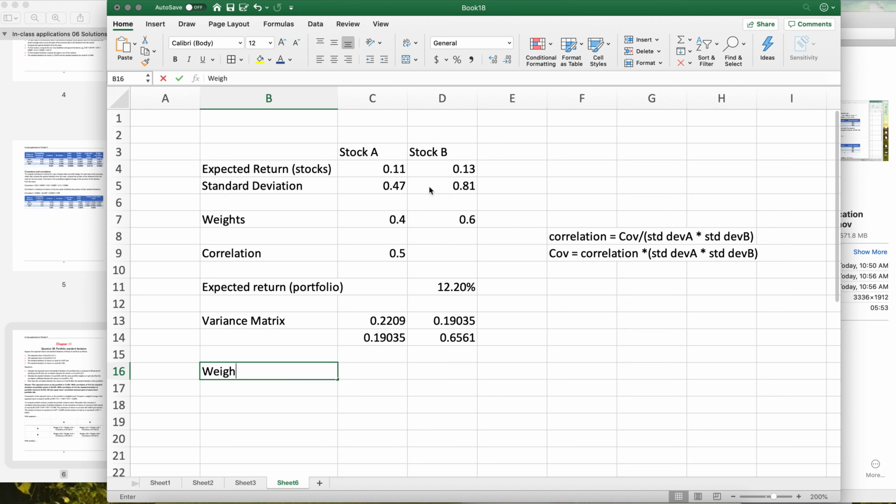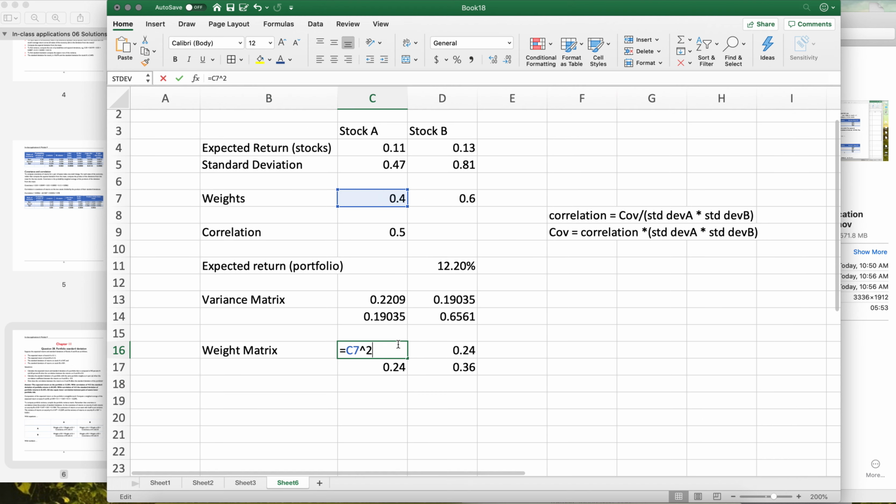The last thing that we need to do is a weight matrix. And to do that, it's symmetric, so we can do that. The reason that we're multiplying the weights times themselves is because of the unique way that this calculation sort of works. So the variance covariance matrix says you care what the variance is for the asset itself, but you also care about its interaction with the other assets.